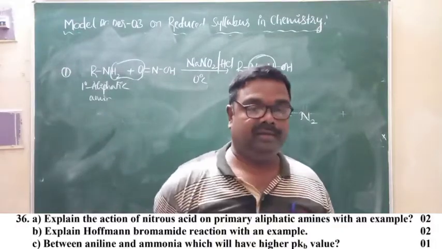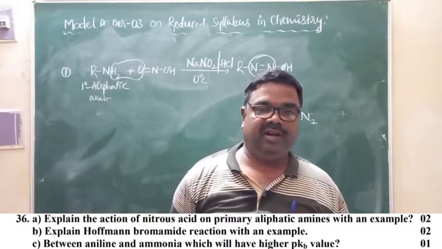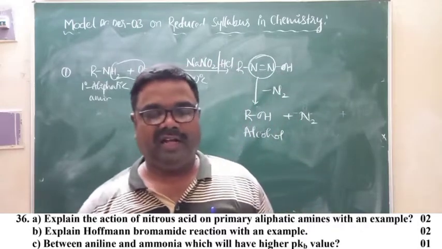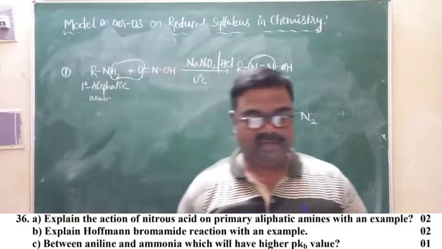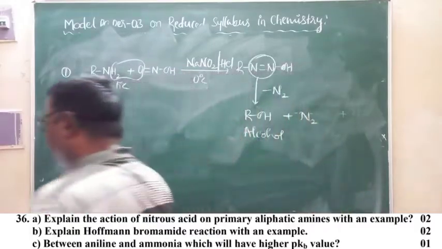But with primary aromatic amines, you are going to get diazonium salts. We will discuss that in diazotization. Okay? So next, explain Hofmann bromamide reaction with an example.